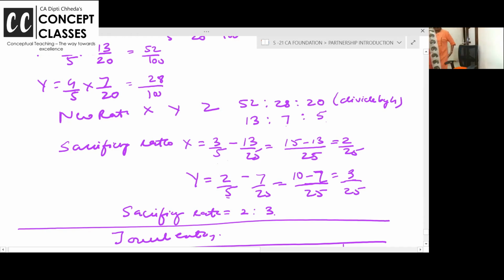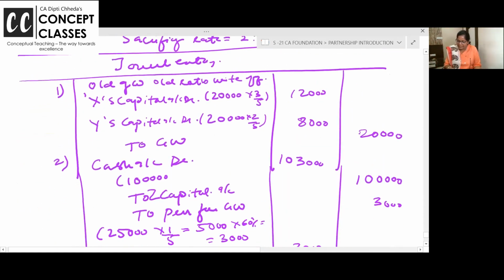Yes. Has anyone still not done the LCM? I did this LCM because I told you the other way is what? My method: raise the goodwill, write off the goodwill. Okay?